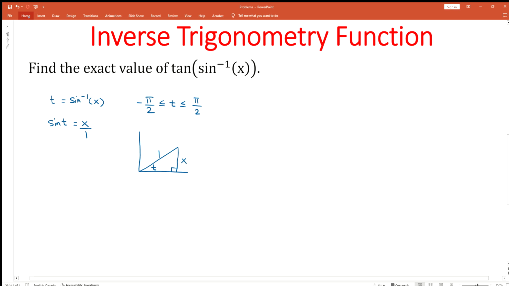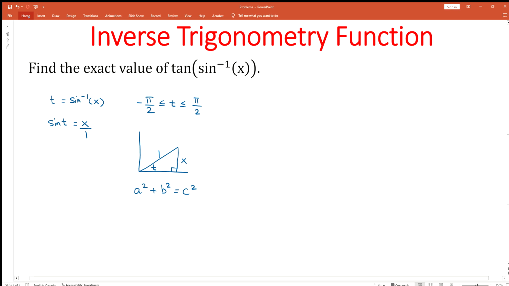Now we can find the length of the horizontal side in this triangle using Pythagorean theorem equation. In this equation, C represents the length of the hypotenuse and A and B are the lengths of the other two sides of the right angle triangle.